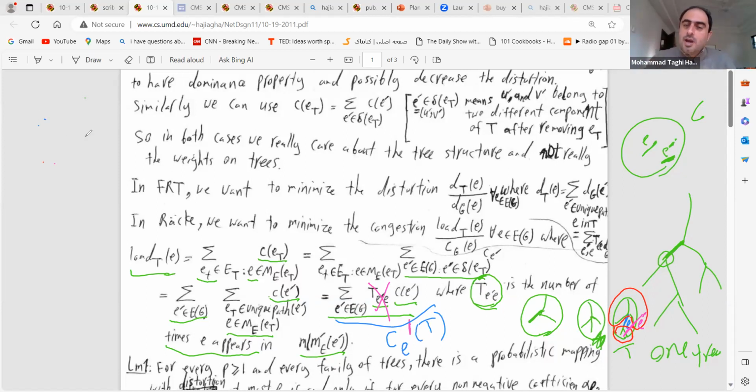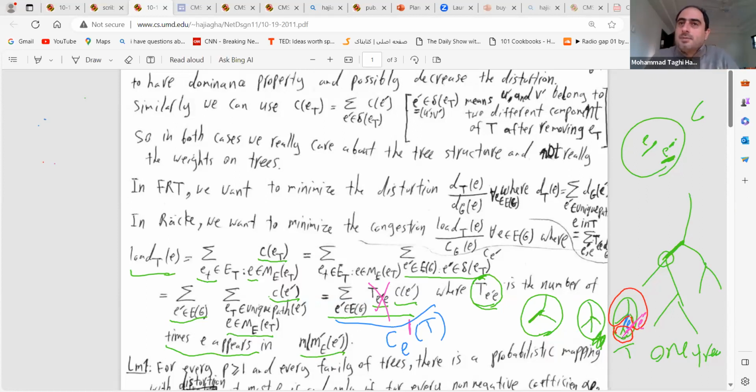So this T E prime of E is more general. Then we have Steiner points, and each of these Steiner points corresponds to some vertices in the graph. That's what we mentioned is the original one, the tree of Räcke. But if you have just a spanning tree, and in this case we have a probabilistic embedding, then load T of E would be just the capacity of that edge, if that edge is present in the graph.